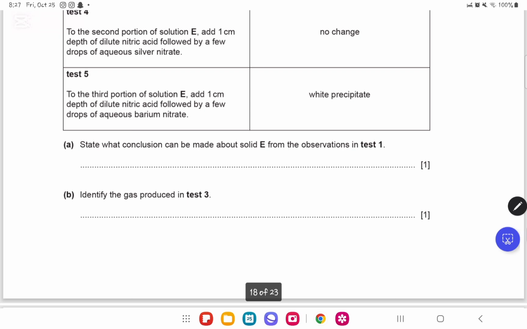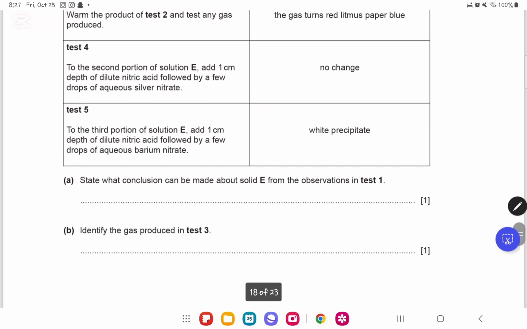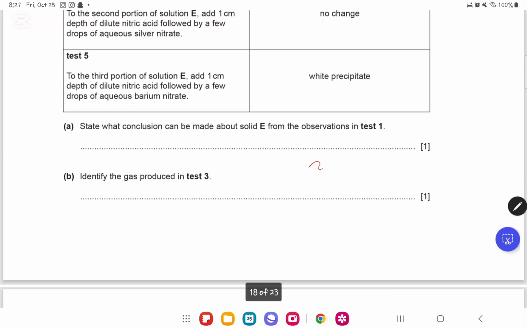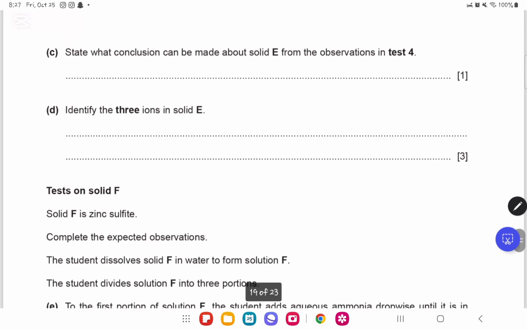State what conclusions can be made about solid E from the observations in test 1. Since we found water, that means we can say it contains water. Alright, the gas produced in test 3, if you remember, turns red litmus paper blue, it is ammonia, NH3. And if we go down, we have state what conclusion can be made about solid E from the test and observations 4.